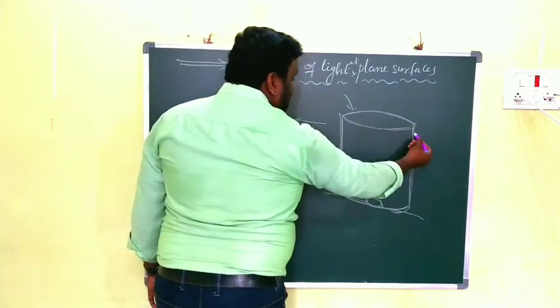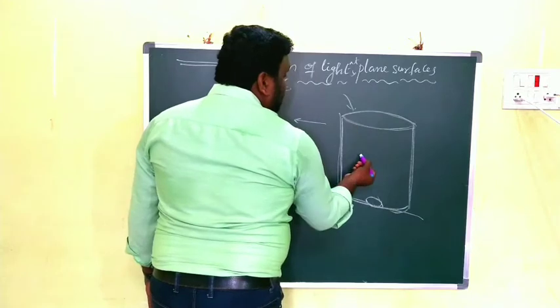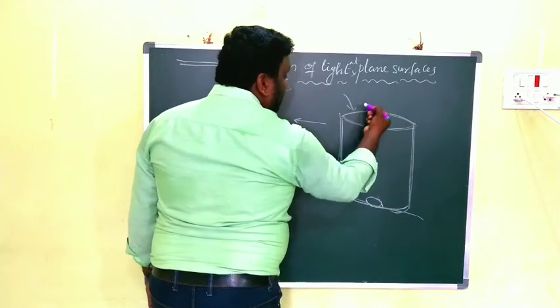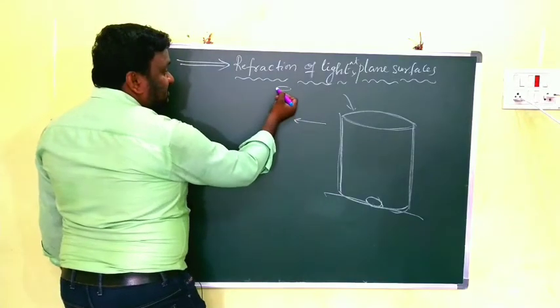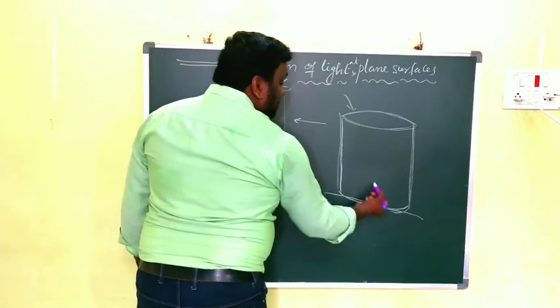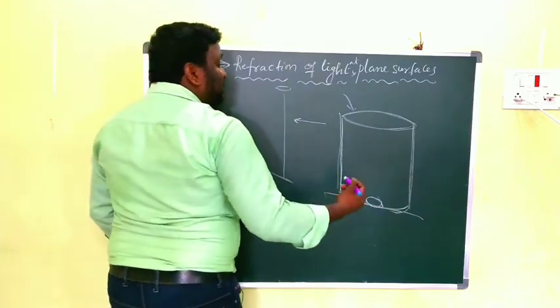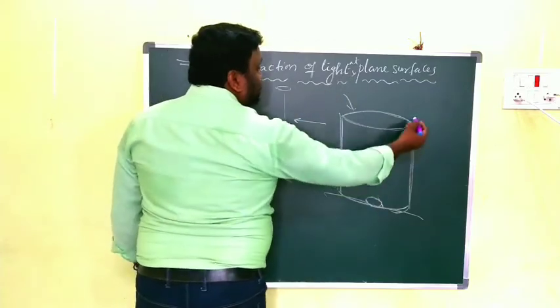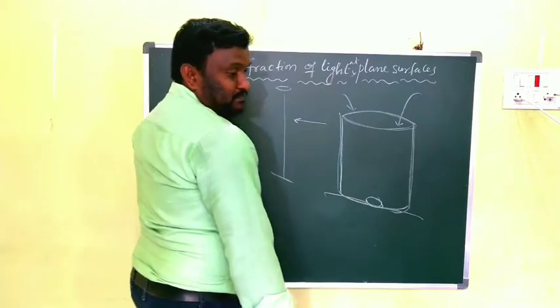Initially this is the glass beaker and the coin is at the bottom. When we are very close to the beaker we are able to see the coin from the top view, and after that we move some distance away. In this position you are unable to see the coin. Then you suggest your friend pour some water into the beaker.